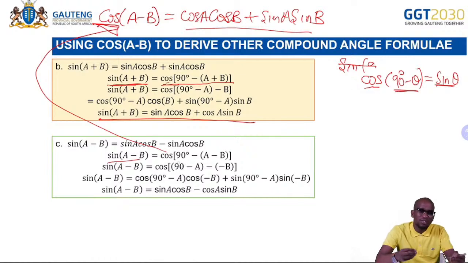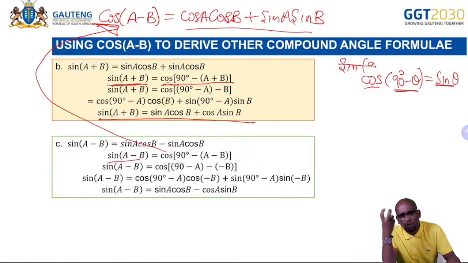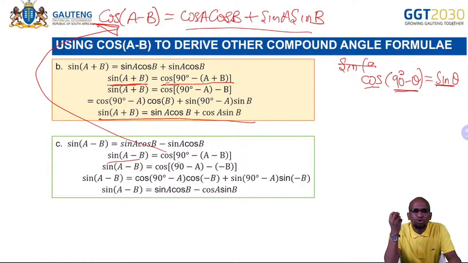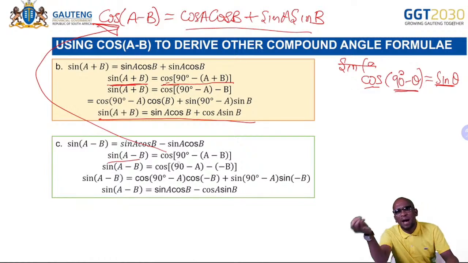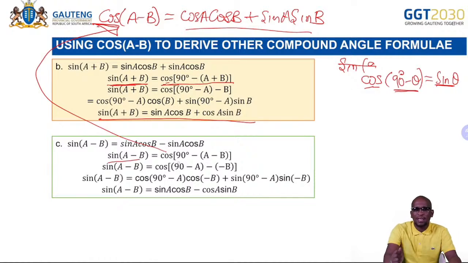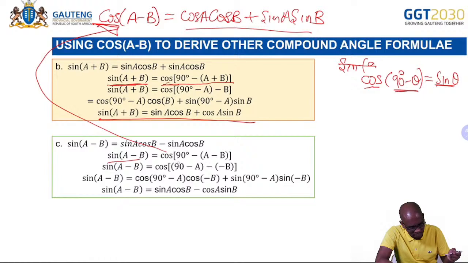So to write the sine of an angle as the cosine of an angle, you should say the sine of that particular angle is the cosine of 90 minus that particular angle, because sine and cos are complementary functions, they complement each other, so they have that property.